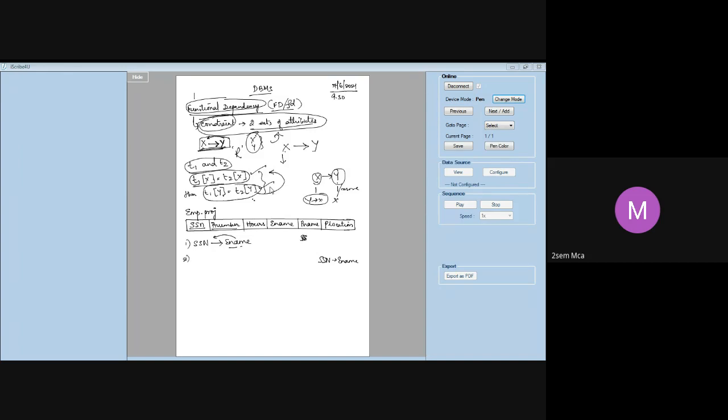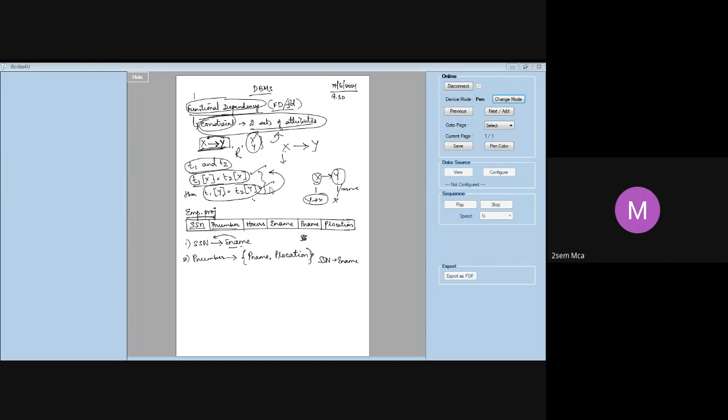Let me give you one more example. P number. These are all functional dependencies on this particular table, employee project. Now when I give P number, I can immediately find out the P name. I can also find out the P location.